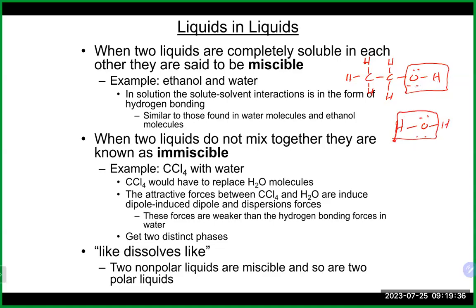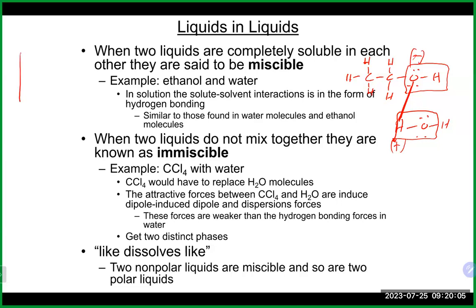We're going to get some hydrogen bonding occurring between these, the negative oxygen of one and the positive hydrogen of another. That allows them to interact really well because they're using the same type of intermolecular forces. If things come together that use the same type of intermolecular force that each uses with itself, they're definitely going to be soluble in each other. That's the case here with ethanol and water.